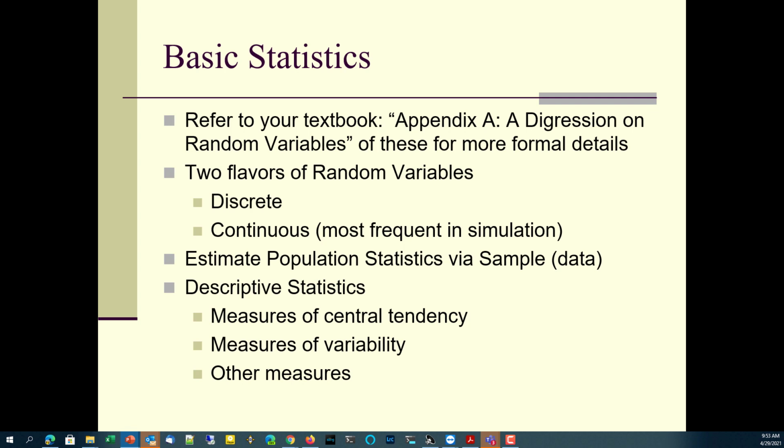There are two major types of random variable, discrete and continuous. Discrete data usually means, okay, the number or quantity of each order coming in is usually discrete.